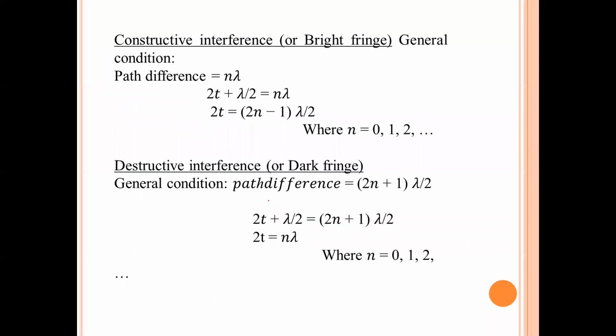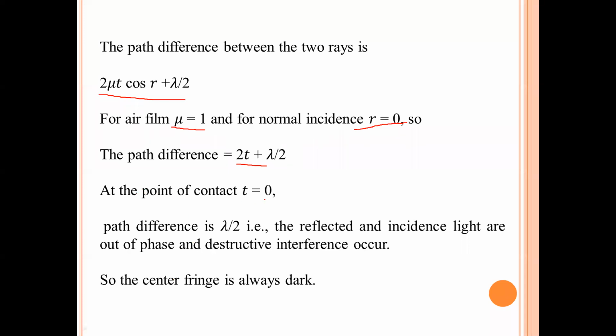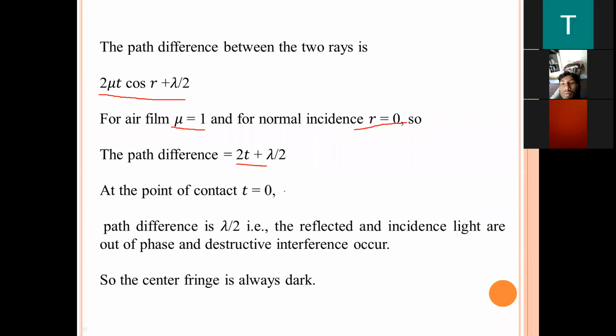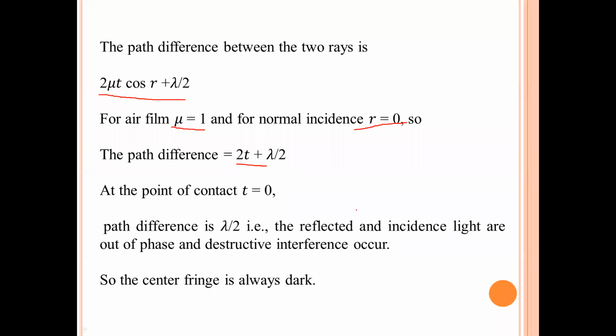Now, the first case is exactly at the point of contact. That is point O. At point O, the thickness of the air film t is equal to 0. I will show it with the diagram. This is the plano-convex lens and a plain glass plate. This is the point O, that means the point of contact.